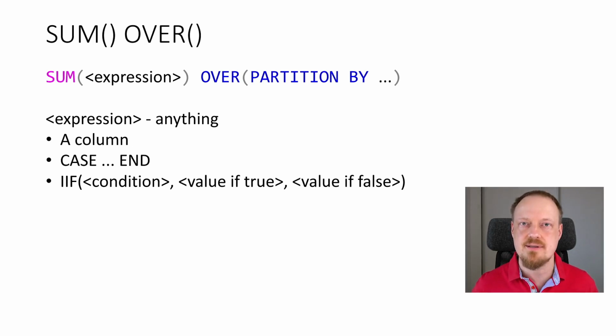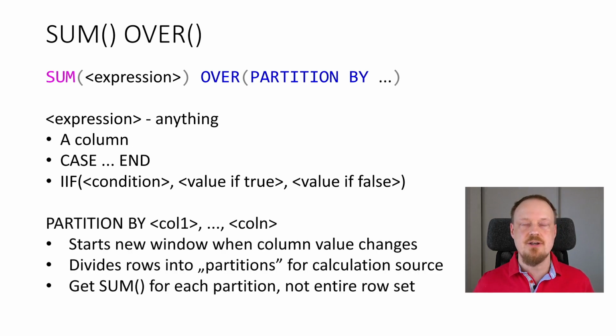And this partition by is dividing rows into groups. So if you don't put any partition by, the entire table or entire result set is calculated with that function. If you put partition by some column, if the value of that column changes in the next row, then it starts another group. So we can have subsums.